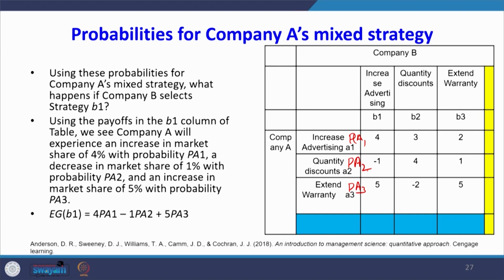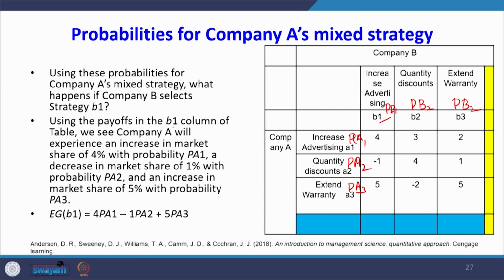Similarly, player B is going to play with the probabilities PB1, PB2, PB3. Using these probabilities for company A's mixed strategy, what happens if company B selects B1? If the company goes for B1, what will happen to company A?